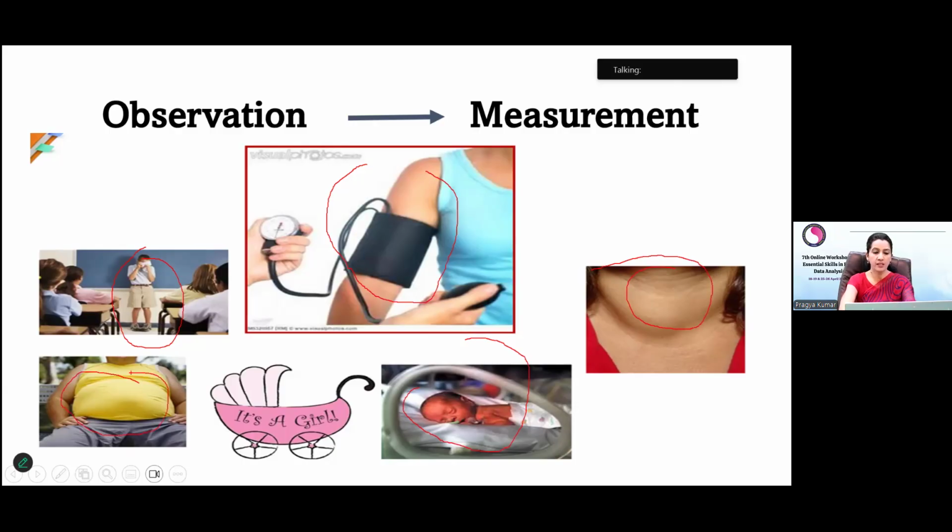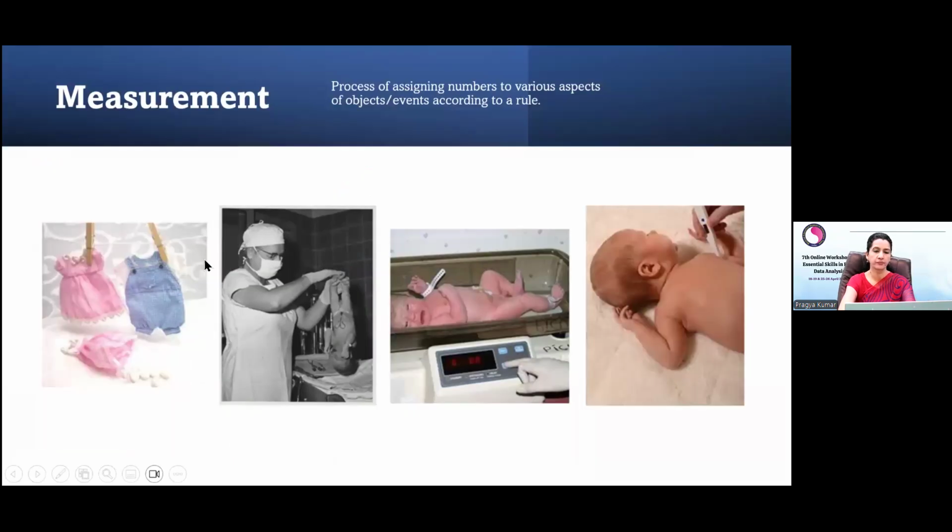These are just observations, and we measure these observations. In research, we do the measurement. Like this is the color, here whether the baby has cried or not, here the baby weight, and this is the temperature of the baby.